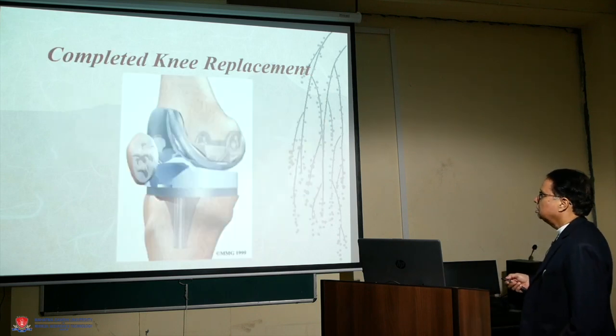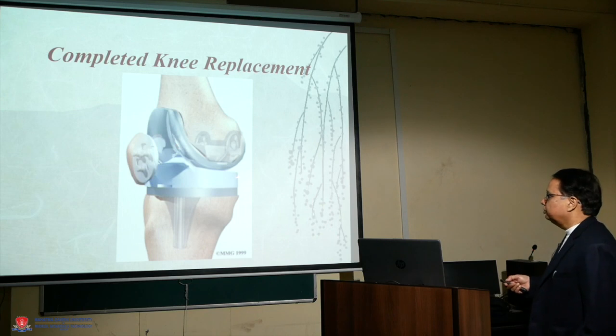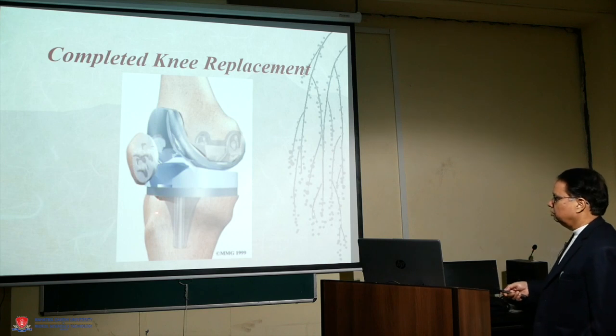So this is a final picture which shows this is a femoral component, femoral implant, well fixed inside. This is a tibial tray and a polyethylene top, and this is the patellar replacement, and that's the final picture which we are going to see.